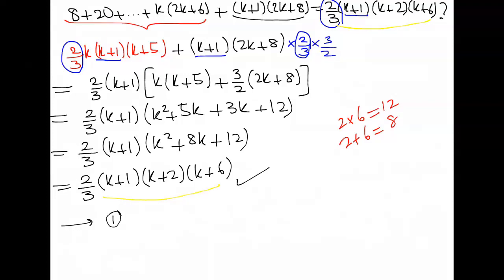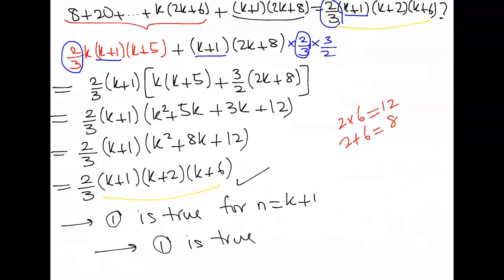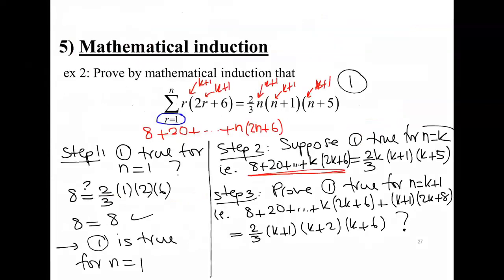So then the statement is true for n equal to k plus 1. Then it is true for all n in Z plus. Now, over here, why am I taking Z plus? Because if you go back here, you notice that sigma starts from r equal to 1 to n.